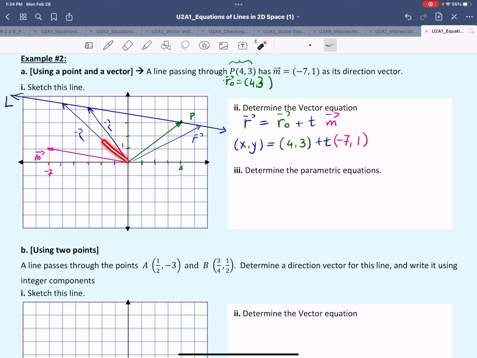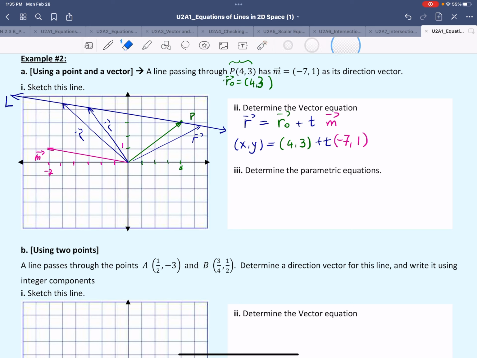If I took this vector r a little bit further, because I chose a different point on the same line, then this vector would be equal to r0 plus, probably, 1.2 vector m, right? So it doesn't matter how far we extend or how far we go on the line, as long as we pick a point on the line.